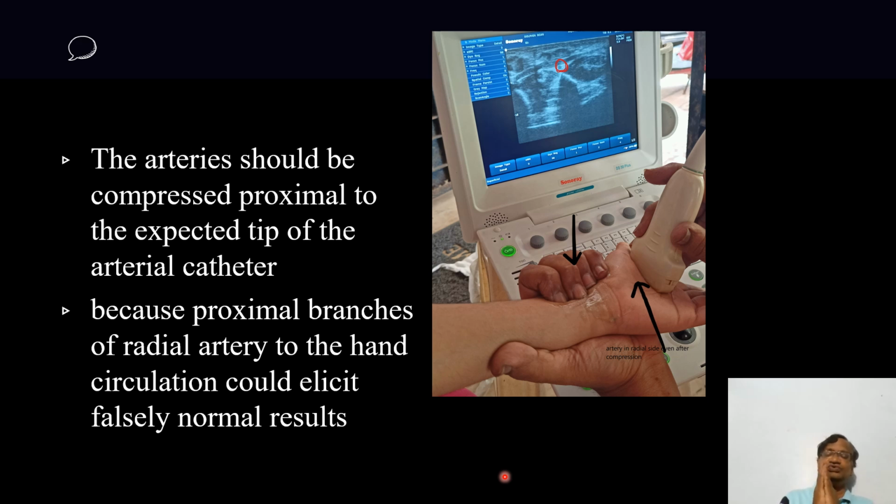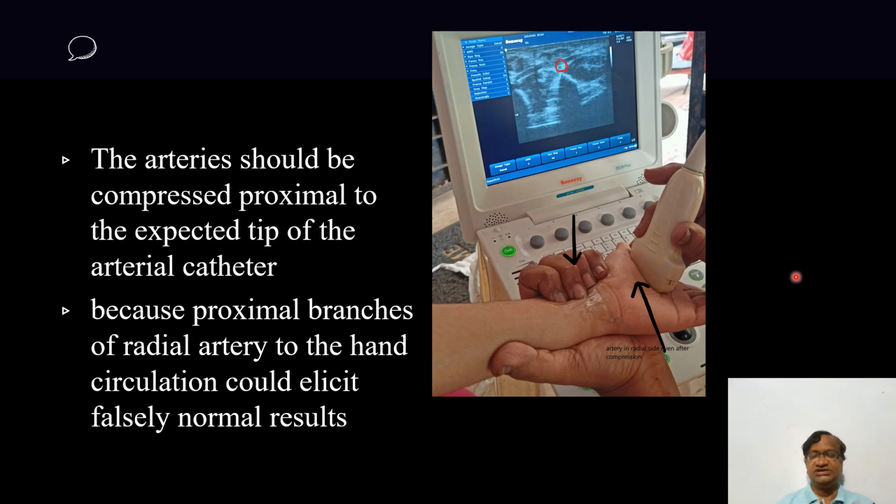So whenever you compress, you should compress at a site proximal to the tip of the cannula. Probably the radial artery may be pricked here and the end will stop here. Now I am compressing here, and after that you put a probe here. The artery is well seen here.